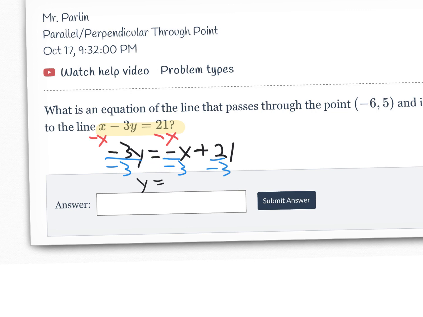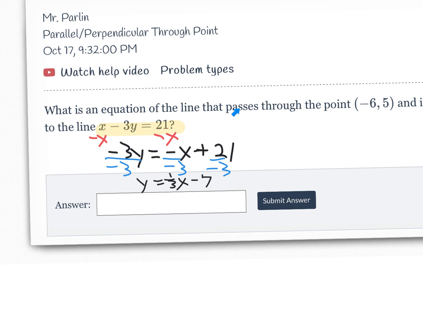A negative by a negative is positive. That's going to be 1/3 x. And then a positive 21 divided by a negative 3 is a negative 7, or we're going to write minus 7.